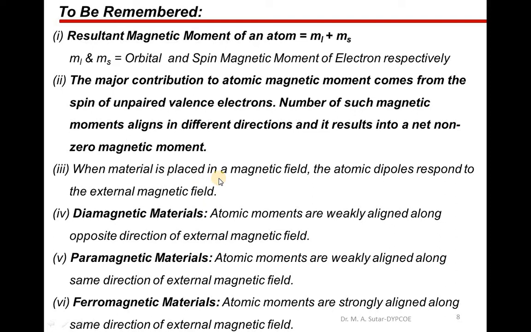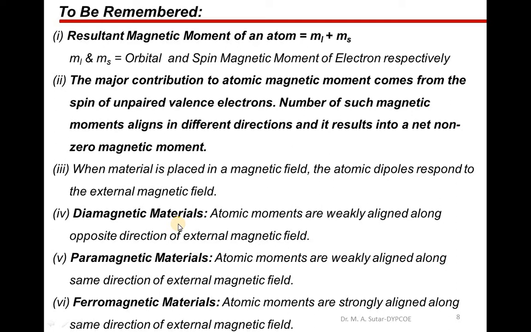When a material is placed in a magnetic field, the atomic dipoles, that is atomic magnets, respond to the external magnetic field. Depending on how they respond, there are different types of magnetic materials. Diamagnetic material: atomic moments are weakly aligned opposite to the external magnetic field.